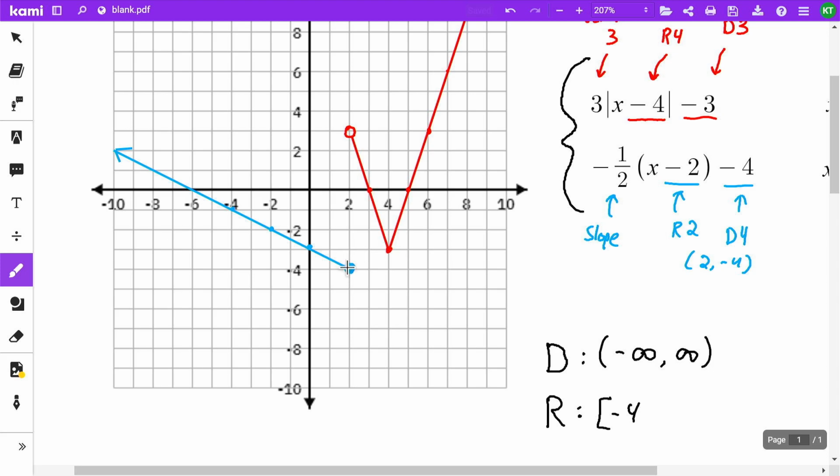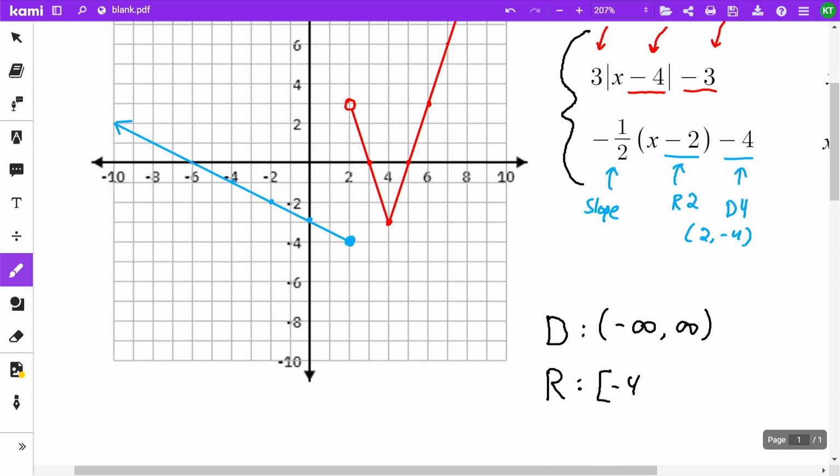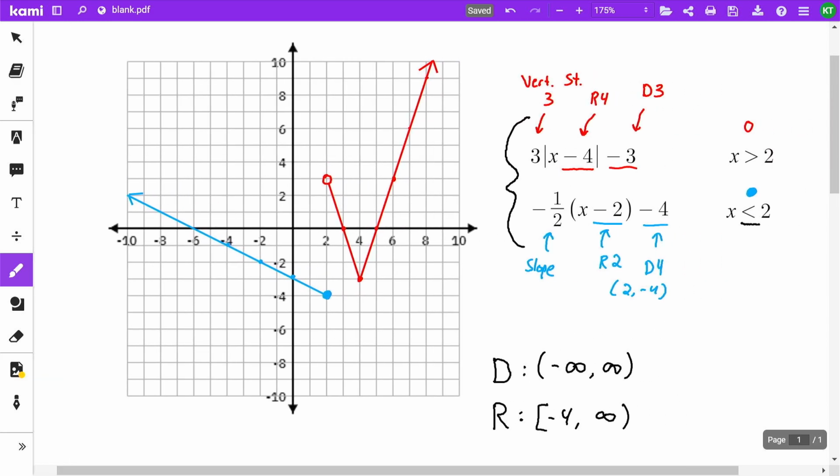But because we have overlap here and this line covers that gap, we don't have to worry about that, because we're going to have y values included in this area. And this line, even though it's kind of flat, will go up forever. So we're just going to be going from the range of -4 to infinity. And so again, that would be how we would graph a piecewise function and also find its domain and range.